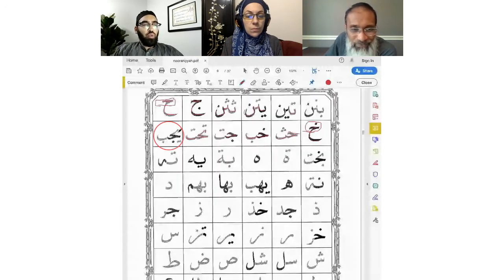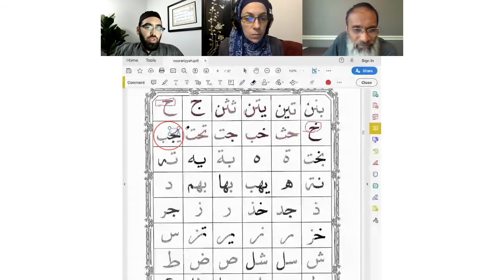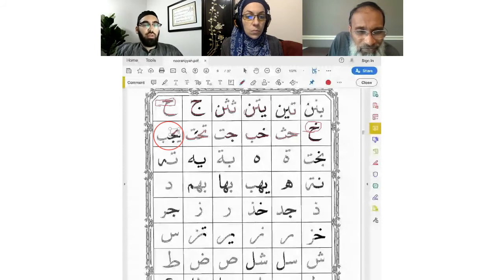Okay, the next one. Before I get there, we have several dots here, and we have to decide which one belongs to which. So I'm going to erase this real quick. We have several dots here. What belongs to this line right here? Which dots belong to what? What belongs to those 2 dots?